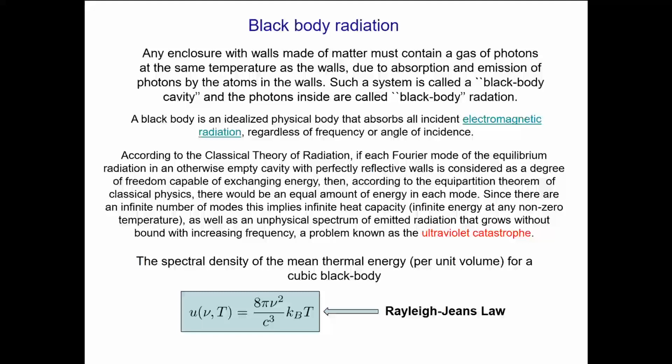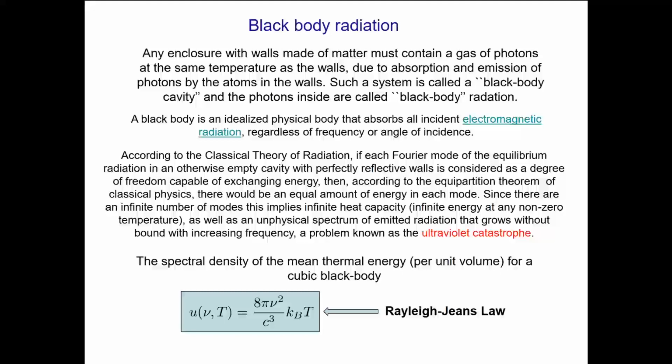But there are an infinite number of modes. If we are talking about black body cavities, then all frequencies are equally probable. We can have all frequencies from 0 to infinity inside of the black body cavity. So there is an infinite number of modes, and each mode has specific heat proportional to kT.